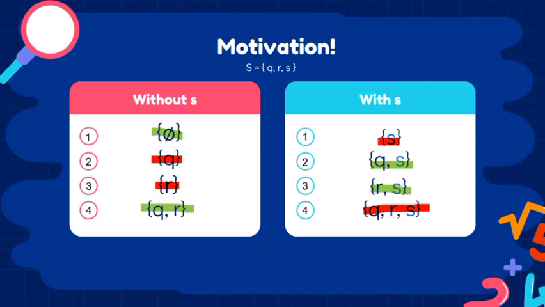Regarding this question, we have to check the equality between the number of subsets with an even number of elements and the number of subsets with an odd number of elements. If we look at each side of this table, we have 2 subsets with an even number of elements and 2 subsets with an odd number of elements. Similarly, here, 2 subsets with an even number of elements, 2 subsets with an odd number of elements.